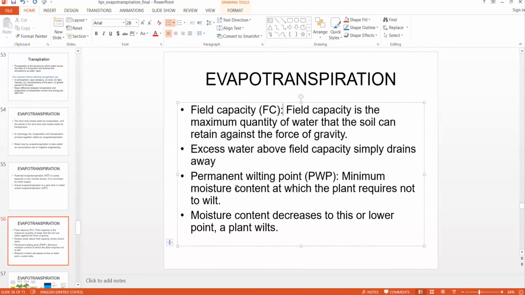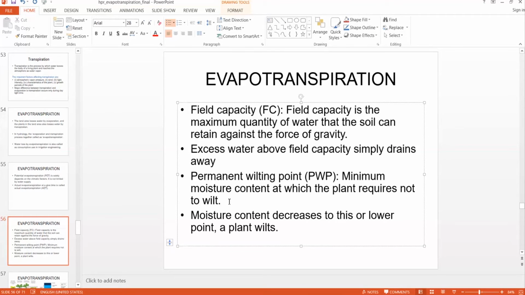And permanent wilting point: a plant can take water from field capacity down to the permanent wilting point. This is called available water for the plant.